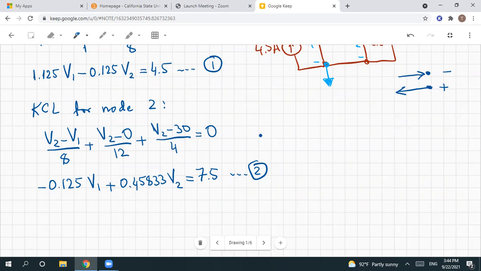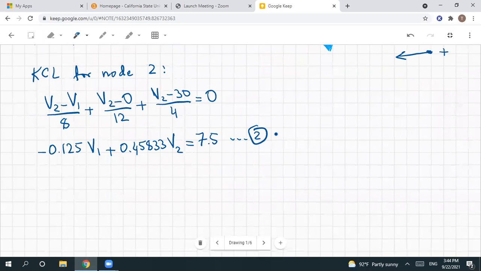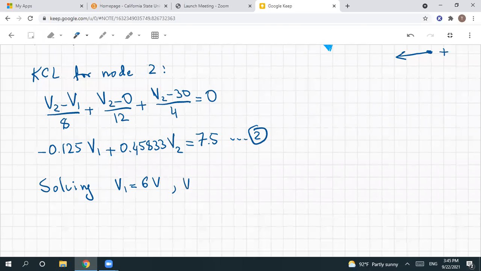In this course we are not examining your mathematical skills, so you can use any method you need. If I solve these two equations, I will have V1 equal to 6 volts and V2 equal to 18 volts.